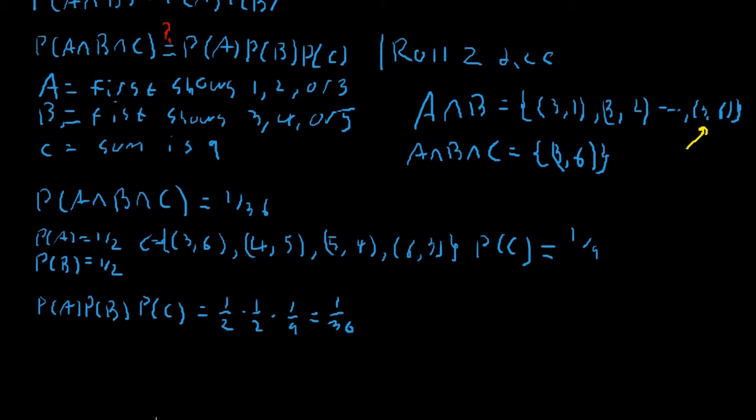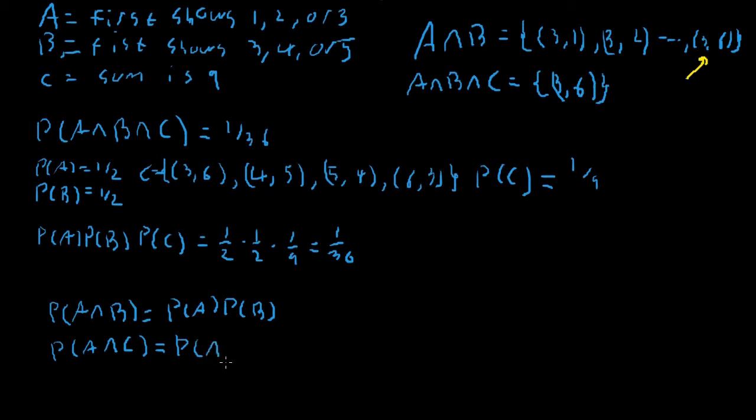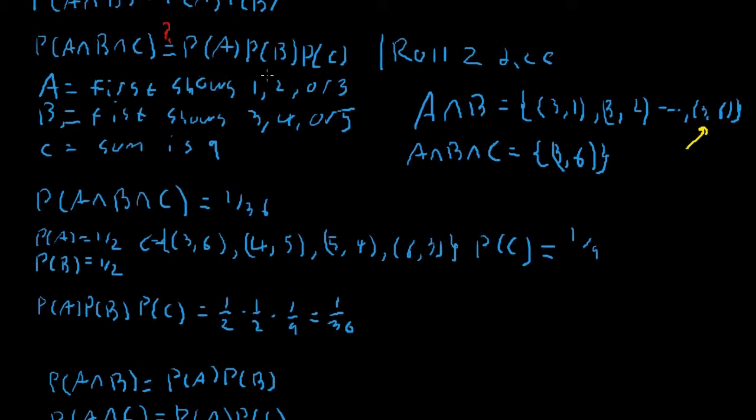We need the pairs to be independent. So we say that three events are independent if P of A and B is P of A times P of B, P of A and C equals P of A times P of C, and P of B and C equals P of B times P of C, and this is all in addition to this condition up here.